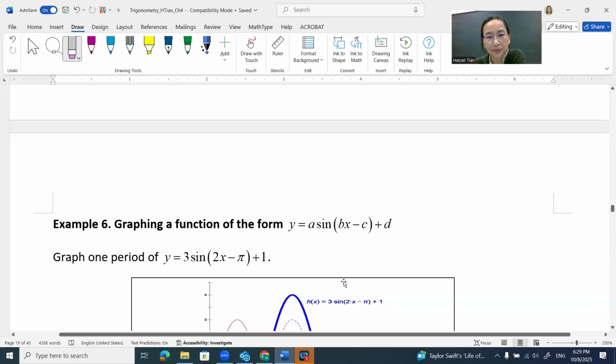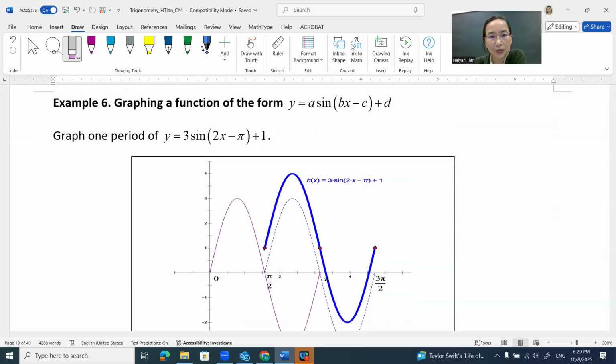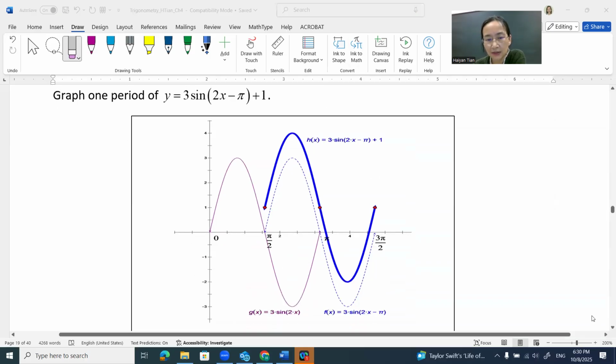So let's look at a picture. We know how to get this part. You see the dotted line, right? After we get this one period from the previous sketch, and now if I add the number 1, how do I get this variation?